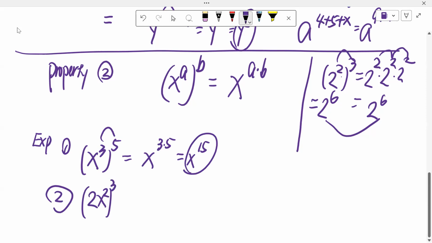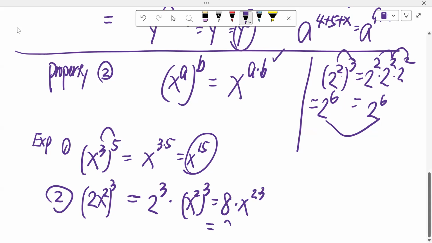We apply this power and distribute it to both terms: 2 to the third, and then x to the second to the third. 2 to the third is 2 times 2 times 2, which is 8. And x to the second to the third, by this property, 2 times 3 is 6. So this is 8x to the 6.